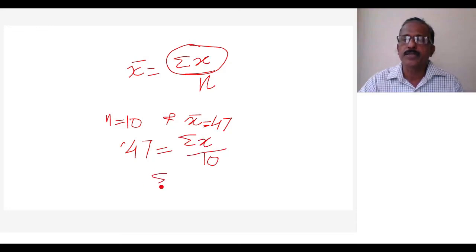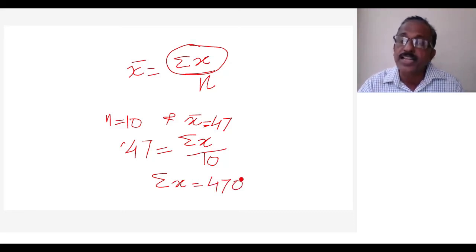That is, sigma x is equal to 47 into 10, that is 470. So this is the total of the observations. But in this total there is an error, that is a wrong number: 34 is added in the place of 43. So we can find the correct sigma x.